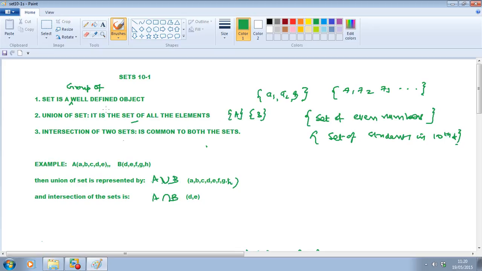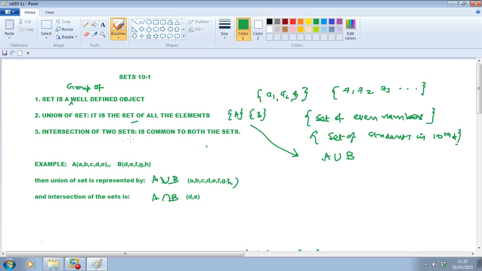All are put together: union of sets. We combine everything. We write A union B. That is the union of sets.